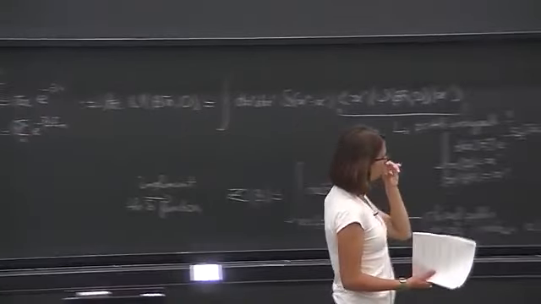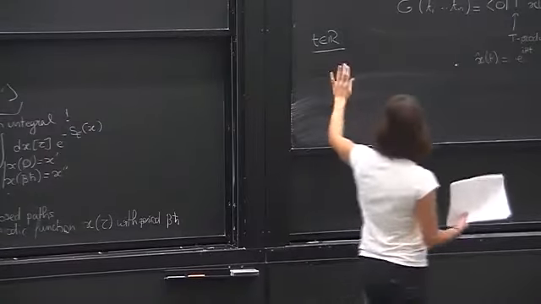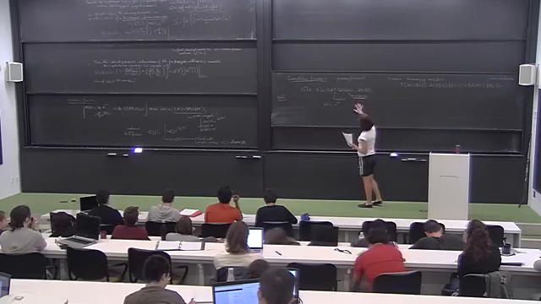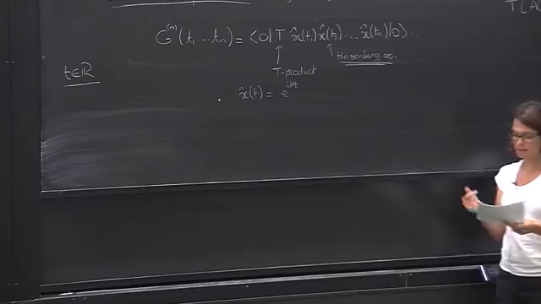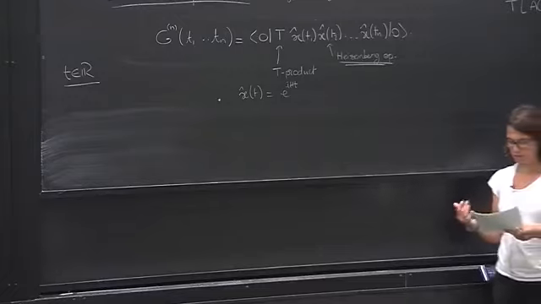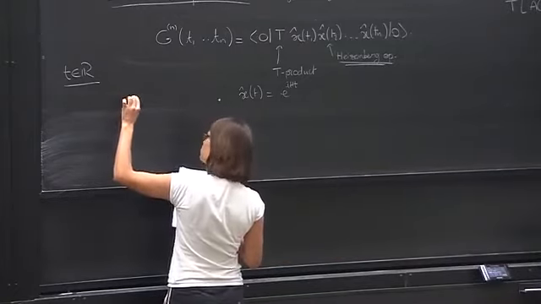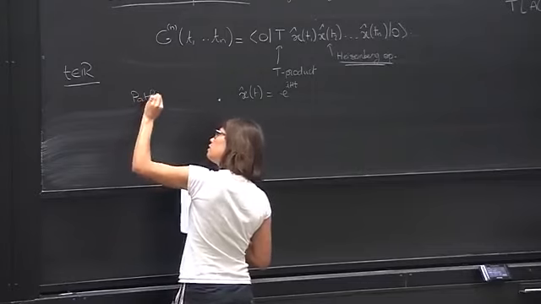But let's go back now to real time and try to understand what a path integral would be if we write it in terms of Heisenberg representation objects. This is the question.